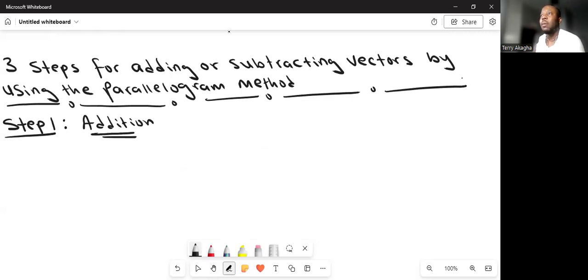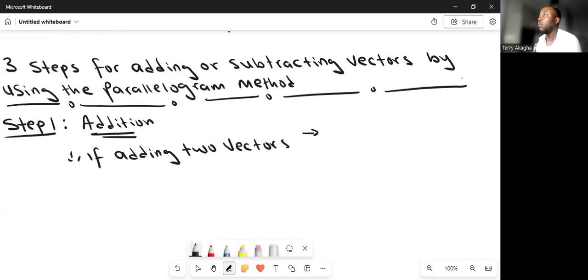So basically, if you're adding 2 vectors, so let's assume you're adding vector v and you want to add maybe vector w, okay?